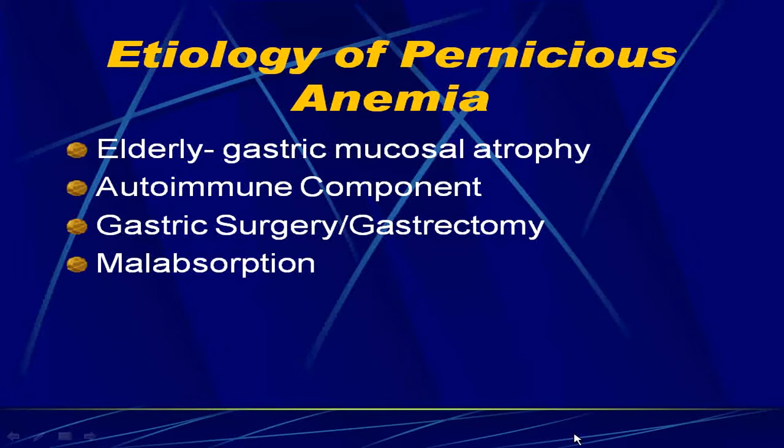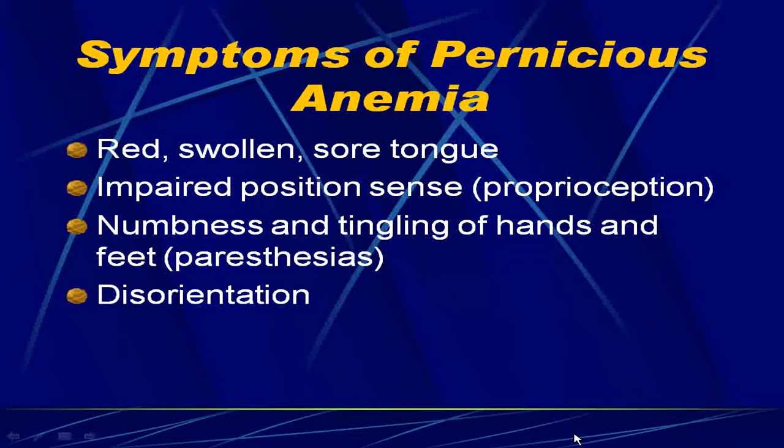Gastric surgeries or gastrectomies: we have a lot of patients now having gastric bypass surgeries and different types of surgeries that affect the size of the actual gastric muscle. And so when a patient has gastric surgery or a gastrectomy, they're taking away the ability of that gastric muscle to produce the intrinsic factor. And also malabsorption disorders could cause a person to develop pernicious anemia.